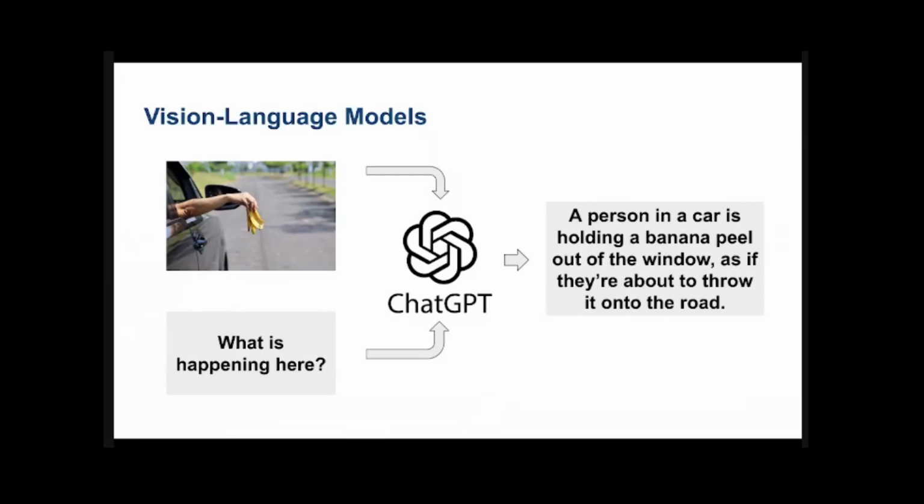So a vision language model is a model that can take both text and image as input, reason about those inputs, as in take information from both of these modalities. And what it outputs is text. You can use it, for example, to understand a graph and describe an image, produce some caption.